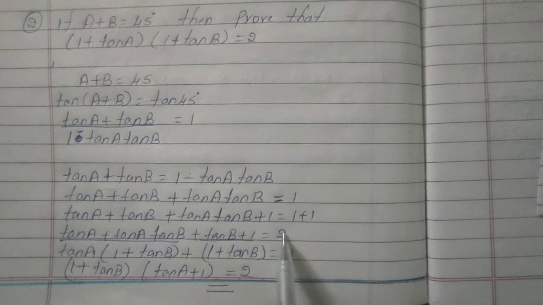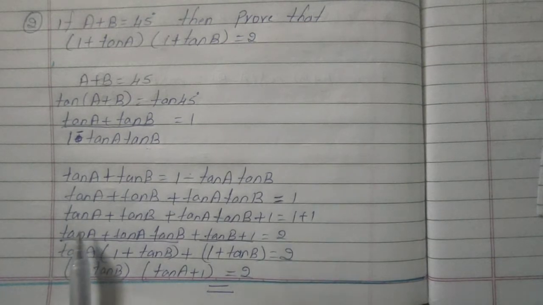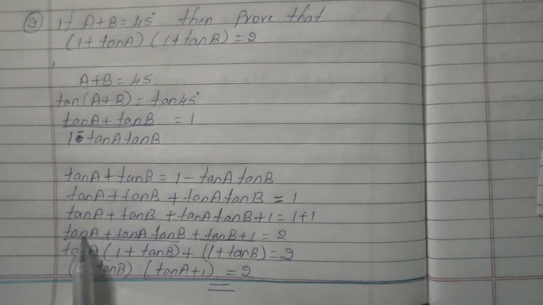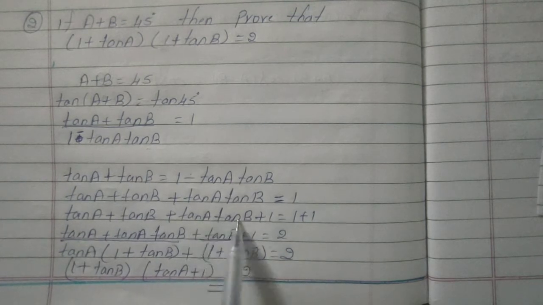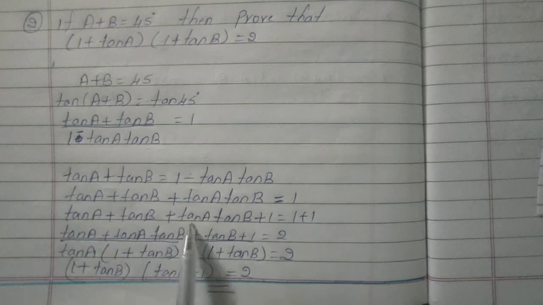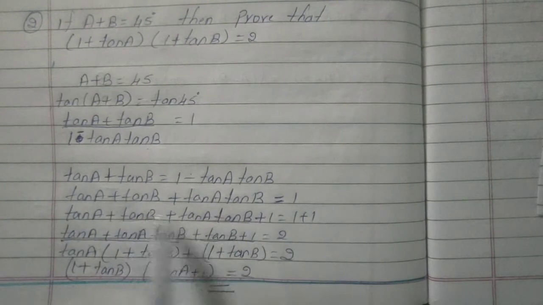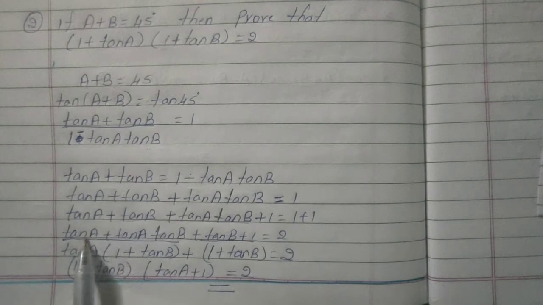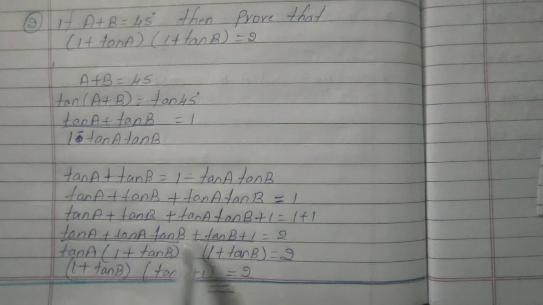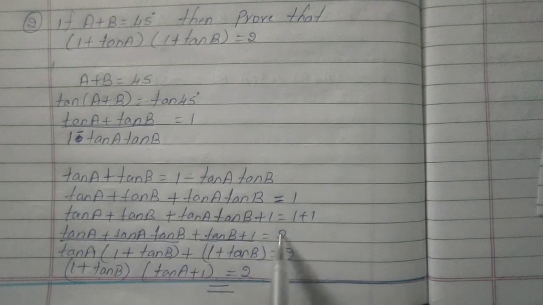So 1 plus 1 becomes 2. Now tan A I am writing as it is. In the second place I am shuffling these two terms, tan B and tan A tan B. So tan A as it is, tan A tan B plus 1 equals 2.